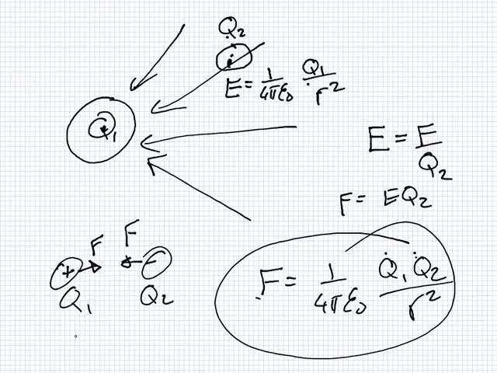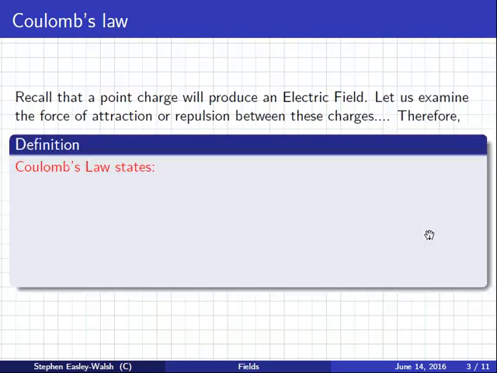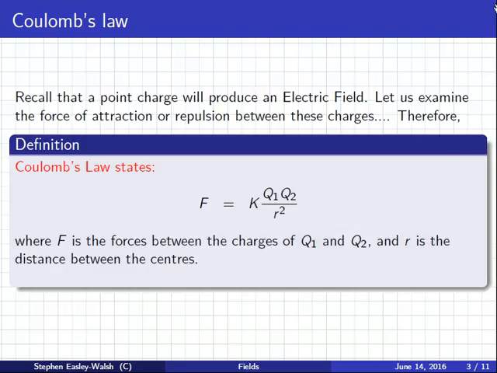So if this one is being pulled towards Q1 with 10 newtons, then this one is being pulled towards Q1 also with 10 newtons, because if you look at the formula, it doesn't matter if you swap these, because multiplied, it's the same number. So Coulomb's law states this. And K is a constant.